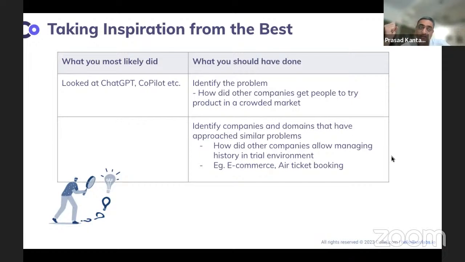That's one aspect. The other aspect is, once you've identified those problems, how do you identify other companies or domains that have solved the same problem? That is how you approach it. Now let's see what other ways you can solve it. Your core issue is account management software, and this is very interesting.